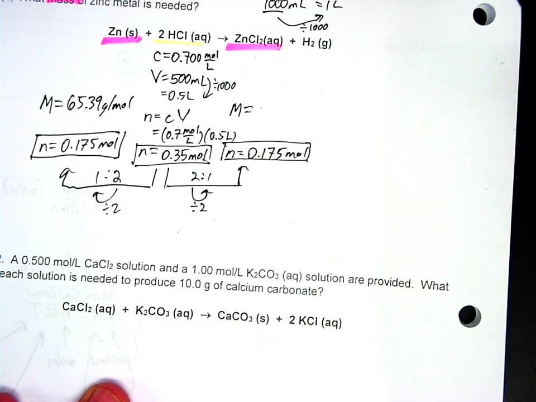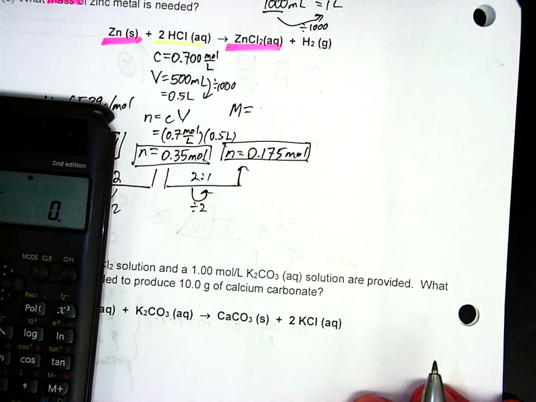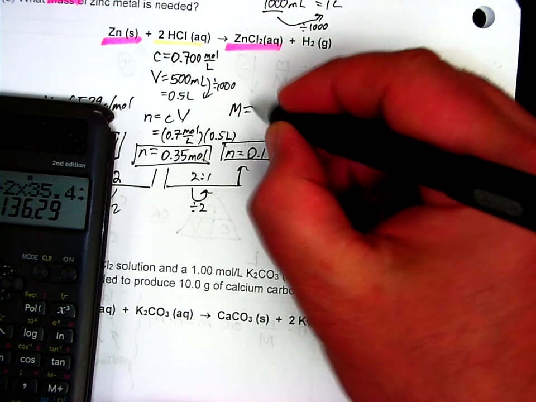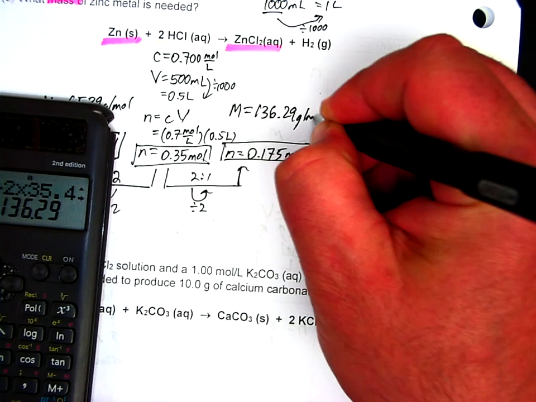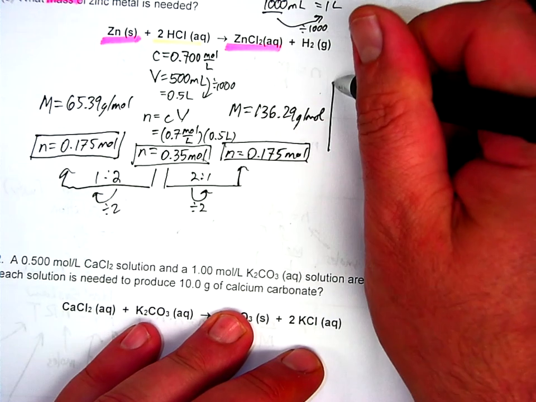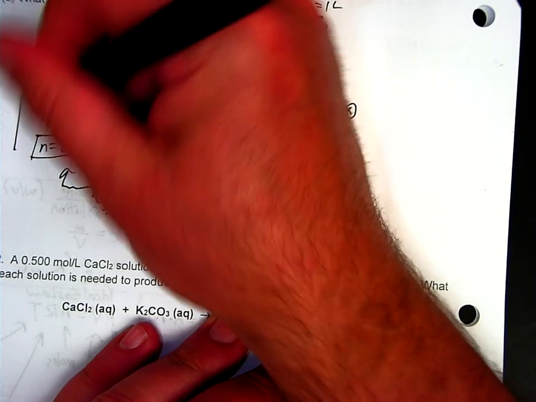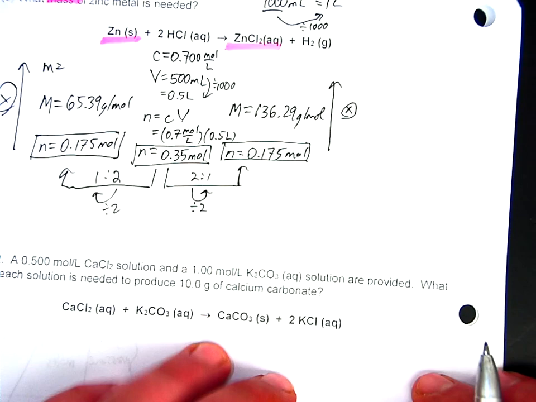And for the zinc chloride, I just have to add them together. There's one zinc, so 65.39 plus 2 times 35.45 on the periodic table, so 136.29 grams per mole. Okay, and because I'm finding mass, I am multiplying this time. So I'll pretty easily be able to find out the mass here.